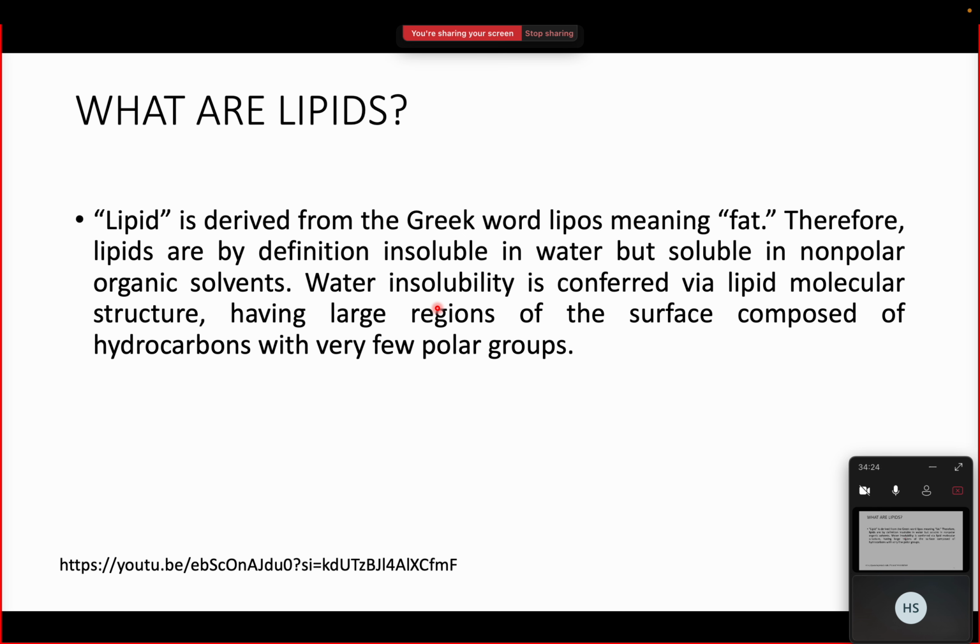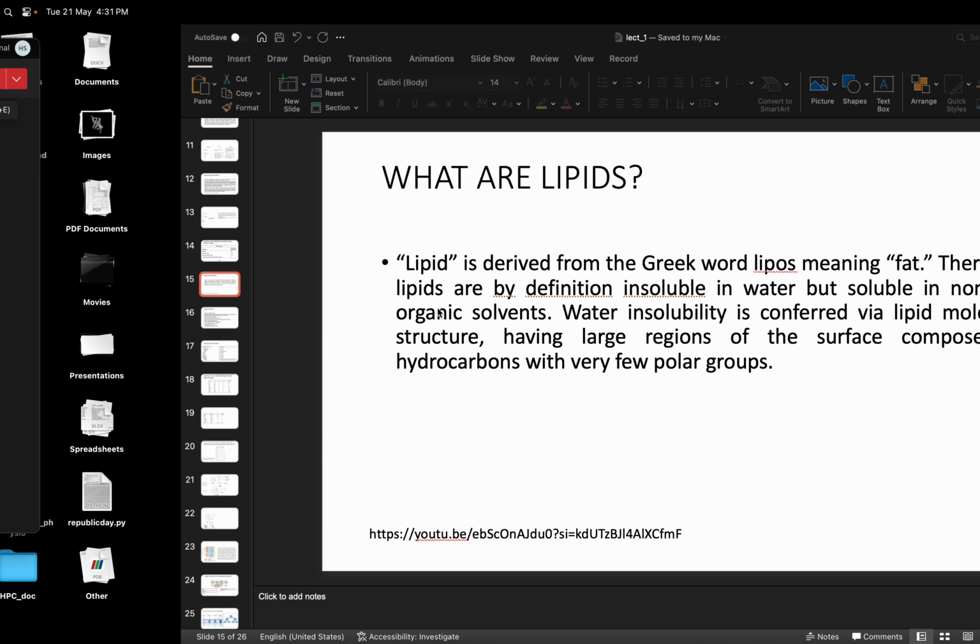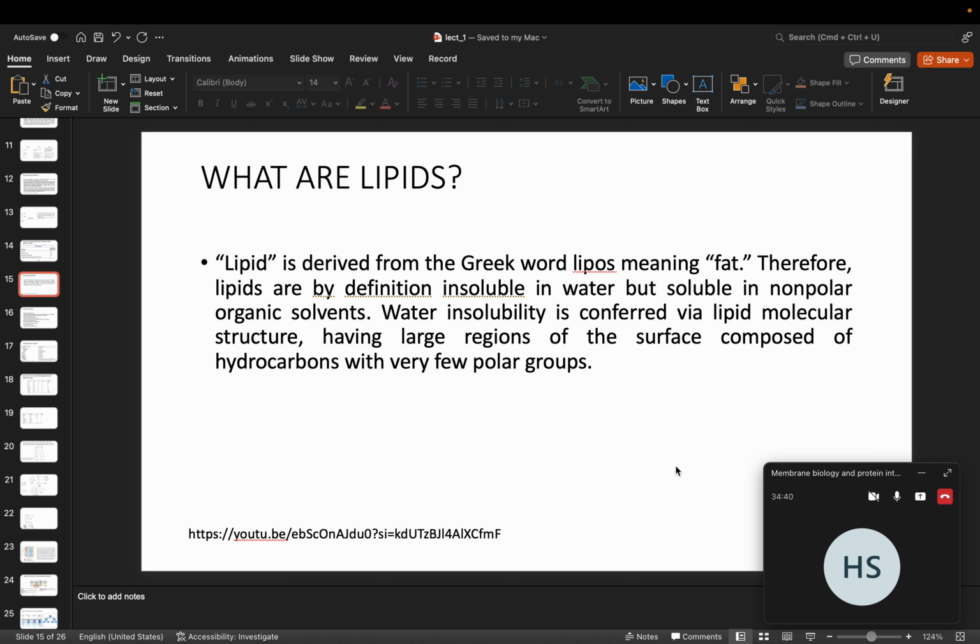On the other hand, we are saying that our universal solvent is water, yet lipids are not soluble in it, correct? So it's a very fascinating area of research to understand different types of lipids.